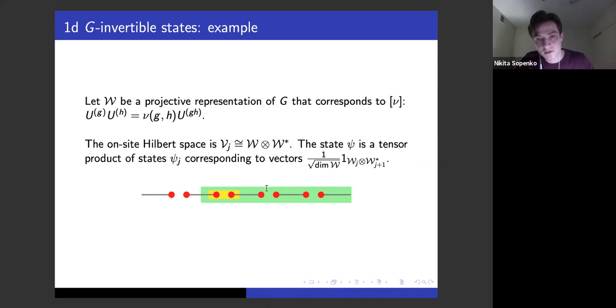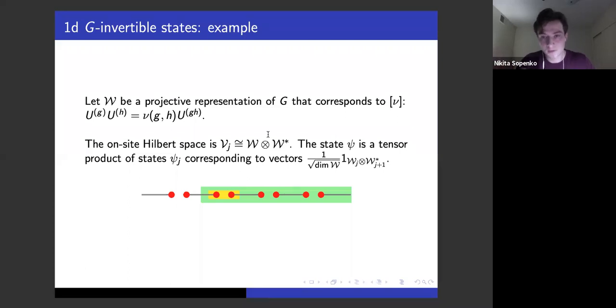Each site is assumed to be a tensor product of these two projective representations, but where one projective representation is the dual, and the resulting representation is already non-projective. So it's a system that is defined according to our definition.